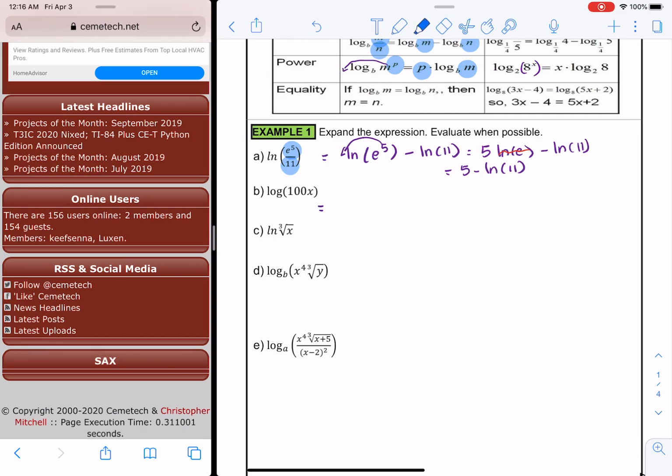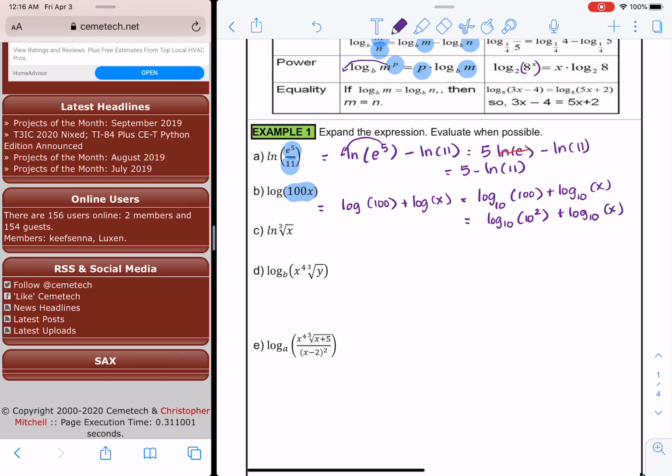Here we have a product. So log 100 plus log x, so product becomes sum, but log simply means base 10. So I'm just going to write the base and realize that 100 can be written as 10 squared.